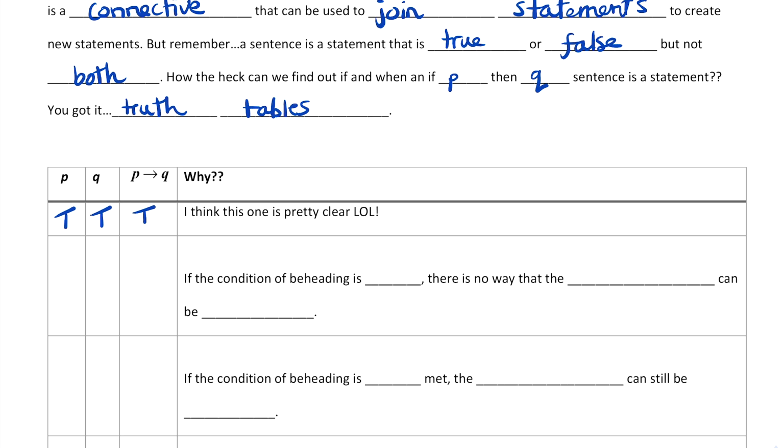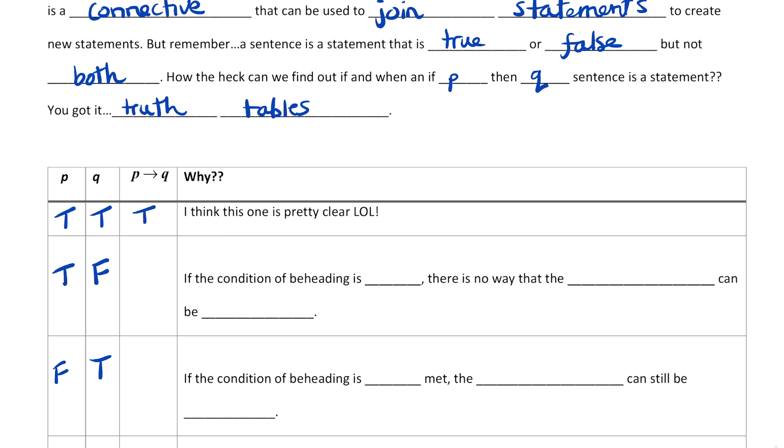All right. Now, again, we're just setting up the basics. We did this last time. This is where it gets a little weird. Not the next one, but probably the last two. Now, if you have a true conditional statement, the conclusion cannot be false in an if P then Q statement.